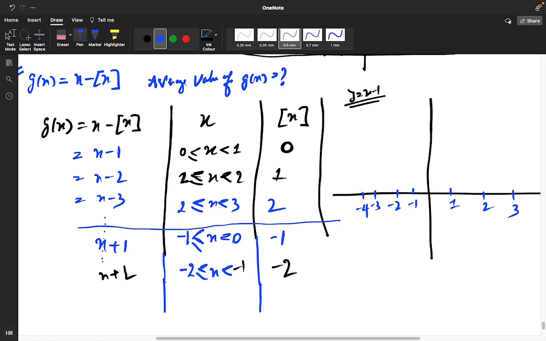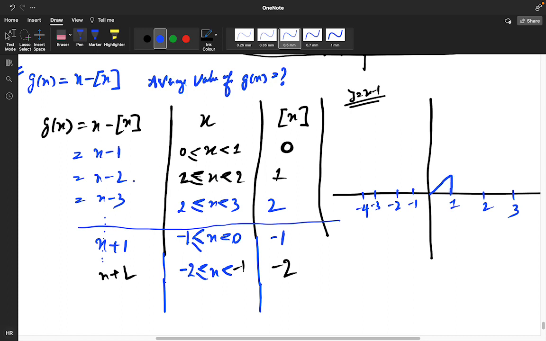A straight line, and it follows y is equal to x minus 1 up to what part? From 0 to 1. Then it comes down.